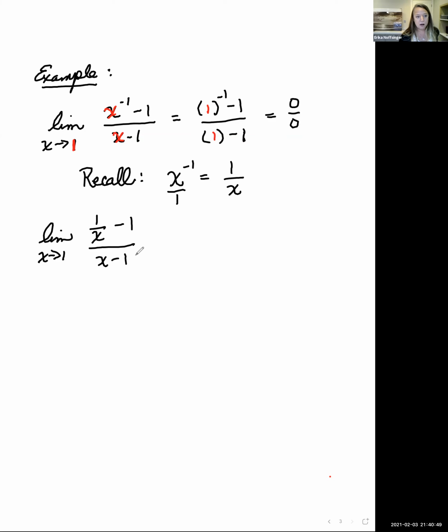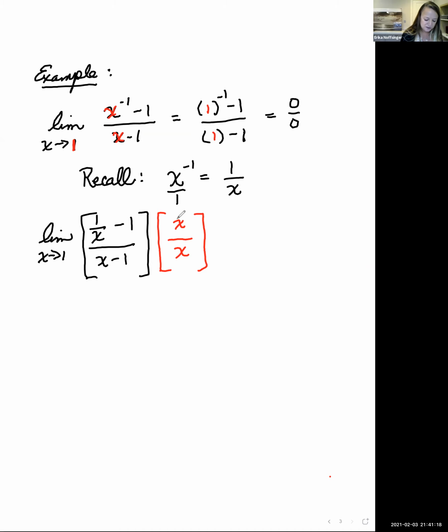But if you have a complex fraction, so this is another case where you have fractions within fractions, how you should get rid of that or manipulate it so it's not an indeterminate form anymore is clear the fractions within the fraction. And so I can do that by multiplying by the LCD of the fractions within, which is just x. I can multiply the numerator by x all over the denominator as an x.